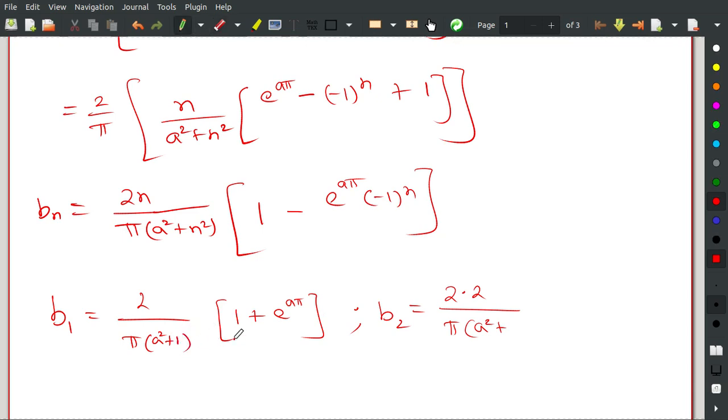Here I have to put 2 square, which is 4, because we have n here and we are finding b2, so instead of n we have to put 2, therefore we have 2 square. And here, since this is minus 1 of 1 square, so this is a positive 1, therefore we have a negative, therefore we have 1 minus e power a pi, right?